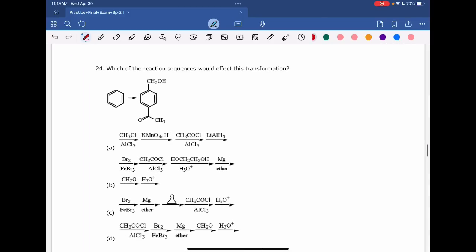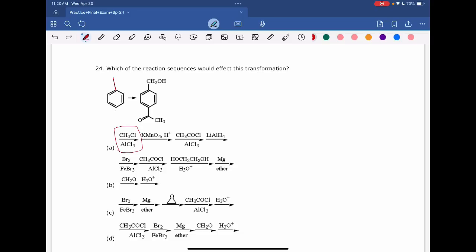Okay, so 24 is asking us to say which synthesis is the right one. In these questions, we have to do it. There's almost never shortcuts. There is one in here, though. You can immediately know that A is wrong because they're proposing Friedel-Crafts alkylation, which is going to add a methyl here, but then the ring is more activated, right?